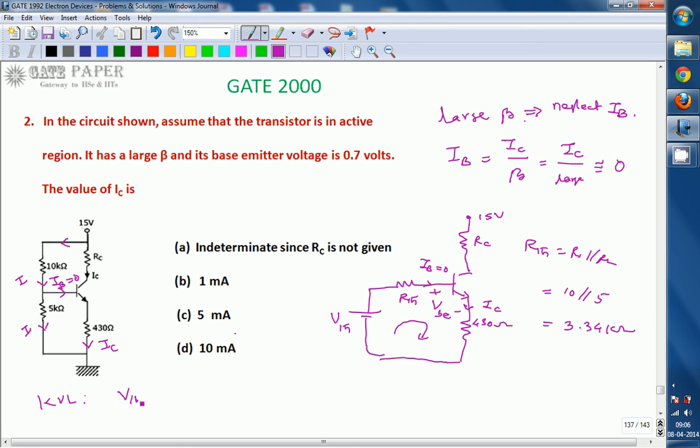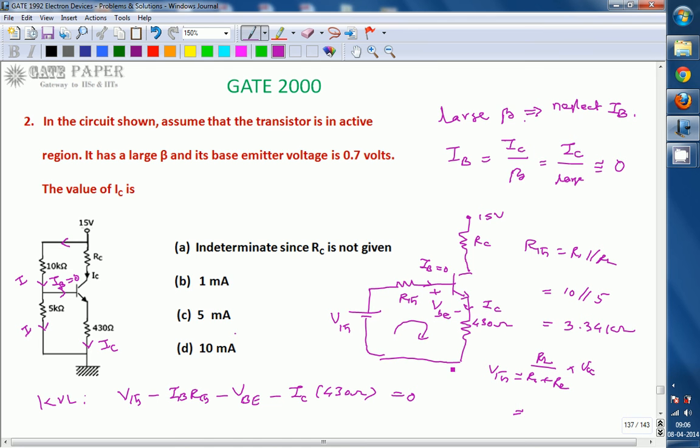VTH minus IB times RTH minus VBE minus IC times 430 ohms is equal to 0, where VTH, using the voltage division rule, is R2 by R1 plus R2 into VCC.